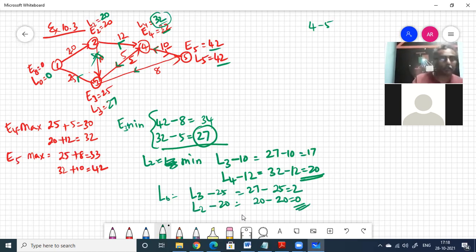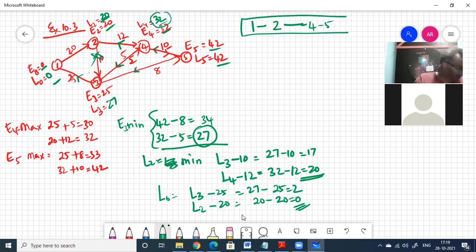Now what you have to do? What is the critical path? 0, 0. 20, 20, 32, 32, 42, 42. So you have 1, 2, 4, 5. That is the critical path. Is that answer one of the answers? 1, 2, 4, 5 is A. So A is the critical path.